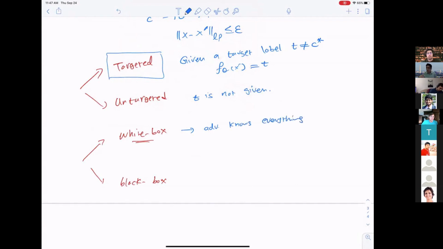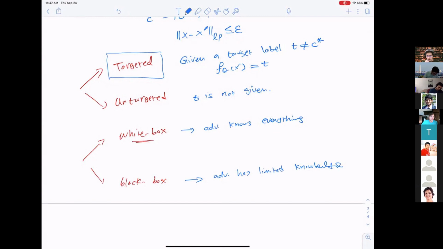So what is the model architecture? What are the parameters? Everything. So it is basically a really white box, the model to the adversary. In the black box attack, we are restricting the knowledge of the adversary with respect to the model that we are using in our classification. It has limited knowledge about the model, but it can access the model input output.